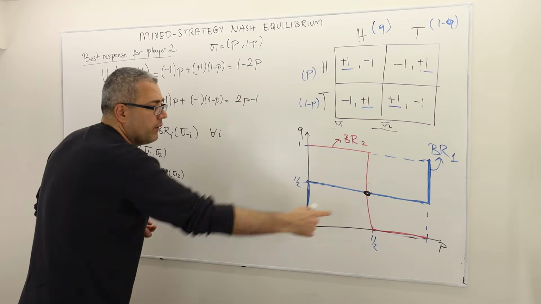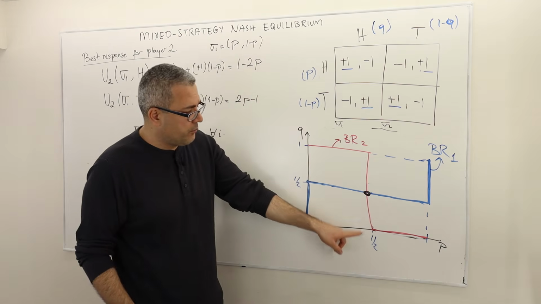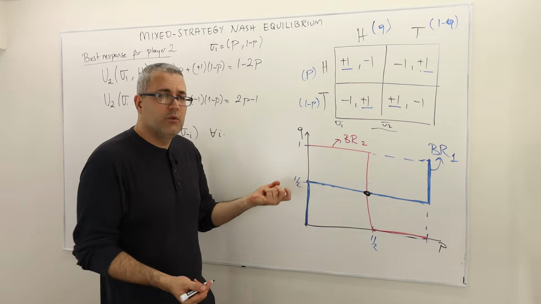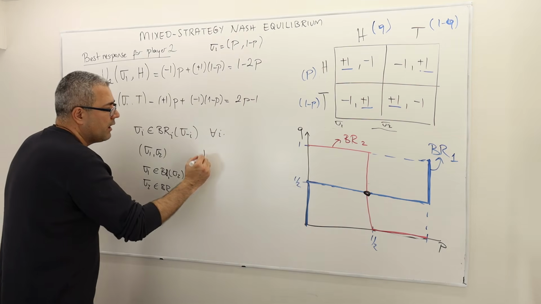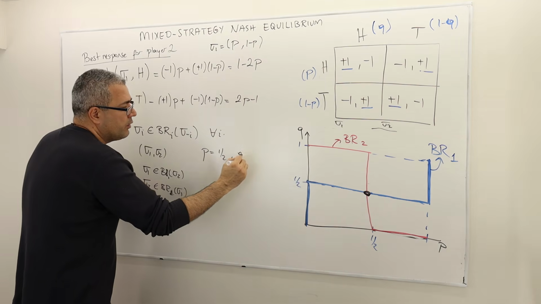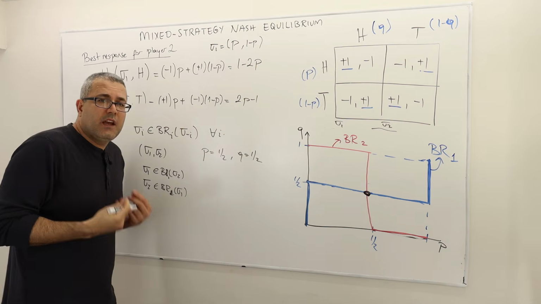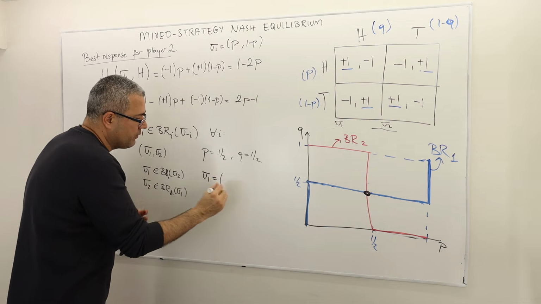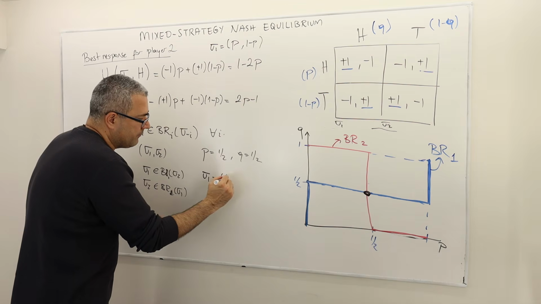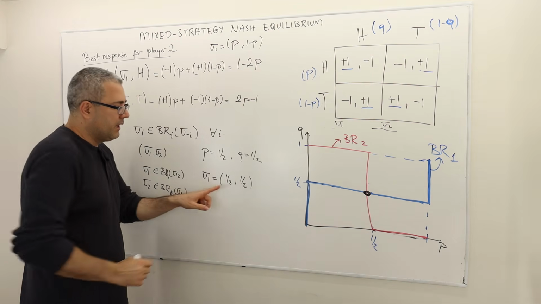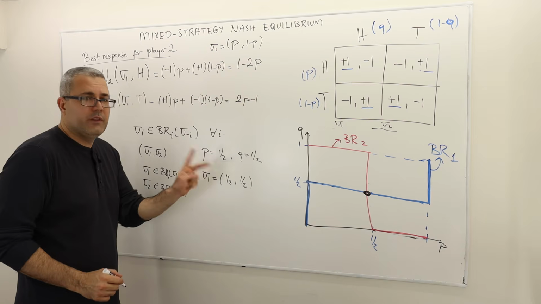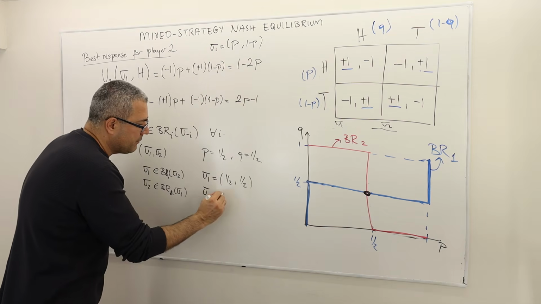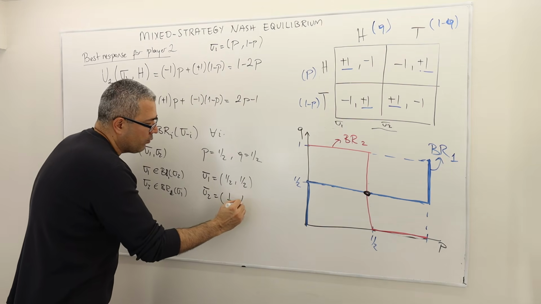So that means this point is the only Nash equilibrium of this game. What does this point correspond to? This point corresponds to P equals 1/2, Q equals 1/2. So I actually found P equals 1/2, Q equals 1/2. This is the Nash equilibrium. If you like, you can write it this way: sigma 1 is equal to (1/2, 1/2), meaning he's going to play head and tail with equal probabilities, and sigma 2 is going to play (1/2, 1/2).